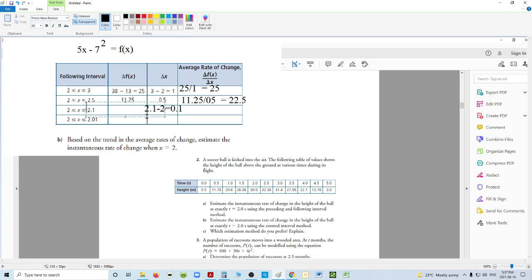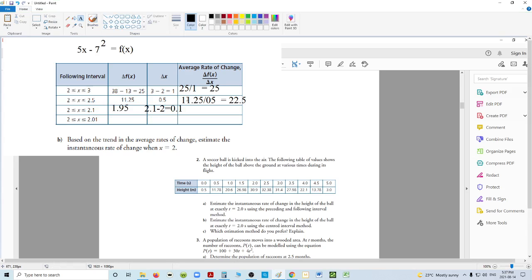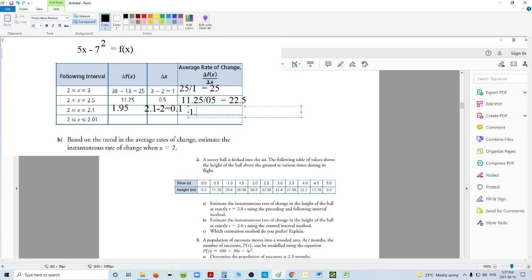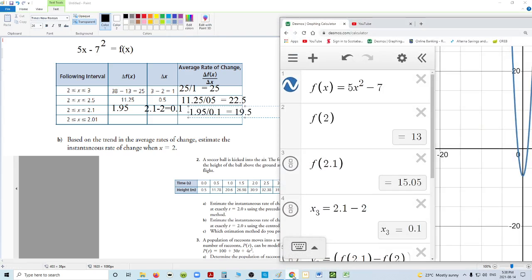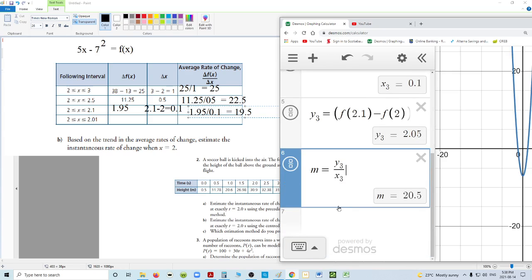So we'd write 15.05, was it? Yeah, minus 13, which is, of course, I'll just save some time, 1.95. And then over here, we did the division. 1.95 divided by 0.1 is 19.5, which I think is not what we got, 20.5.